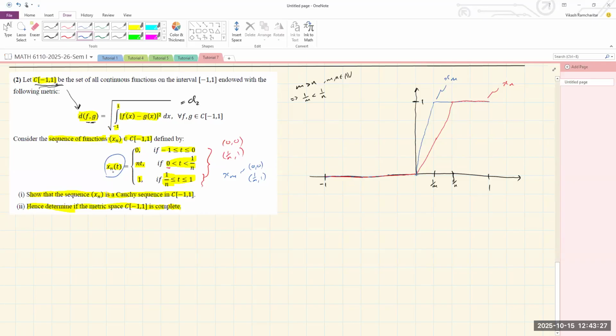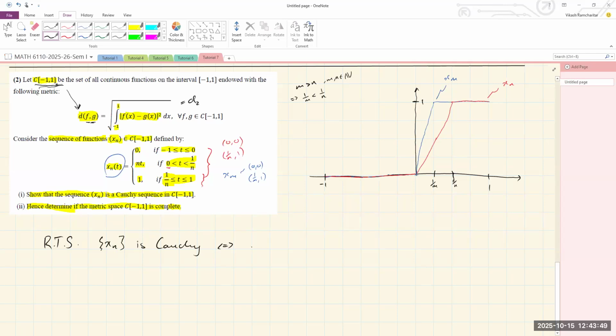Our task is to show that this sequence is a Cauchy sequence. So we are required to show that this sequence of functions xn is Cauchy. What does that mean?